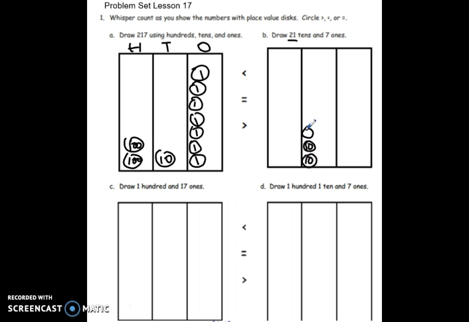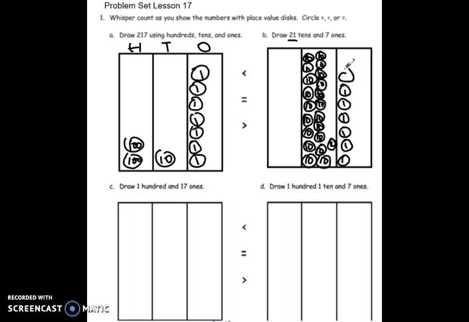So there's 1, 2, 3, 4, 5, 6, 7, 8, 9, 10, 11, 12, 13, 14, 15, 16, 17, 18, 19, 20, 21 tens, and 7 ones. 1, 2, 3, 4, 5, 6, 7.